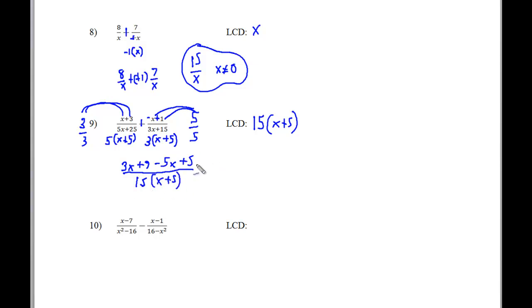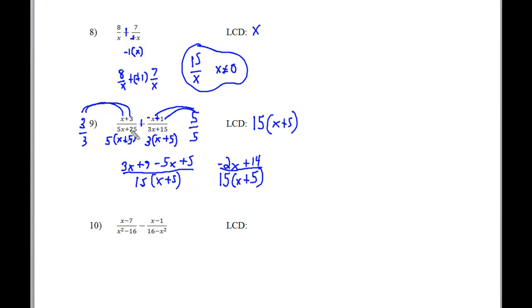And let's go figure out our numerator. Okay, so what we're going to do is take a look at our 3x minus 5x, which makes negative 2x, and our 9 and 5, which is going to make positive 14. Now I can kind of see that if I factor out a negative 2, I'm going to get x minus 7. That's not going to simplify with anything in the denominator, so I'm pretty much done.